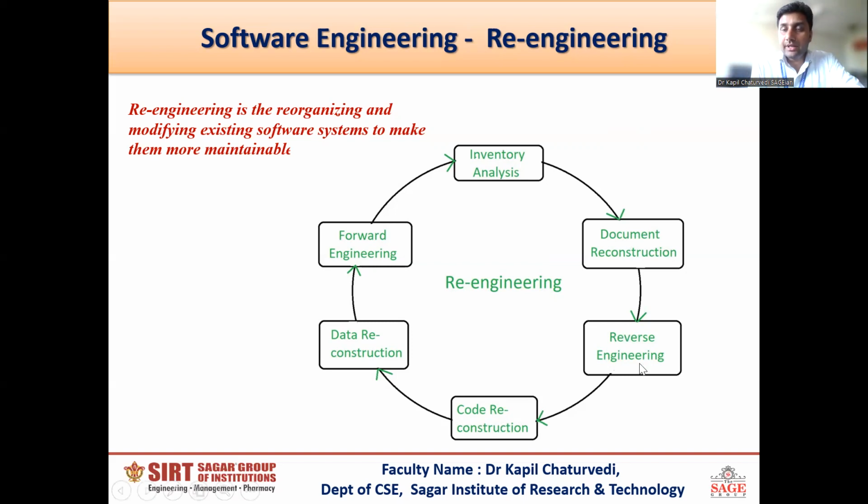Perform the reverse engineering, it means we perform re-engineering to optimize and customize our software. We have to check the software from bottom to top, what kind of changes and modifications it will require. Then by performing reverse engineering, we'll generate the code.